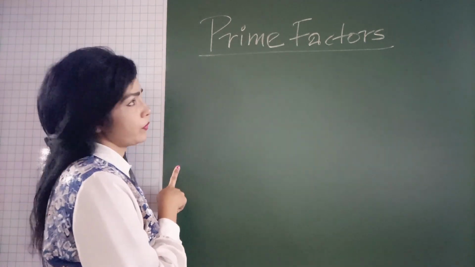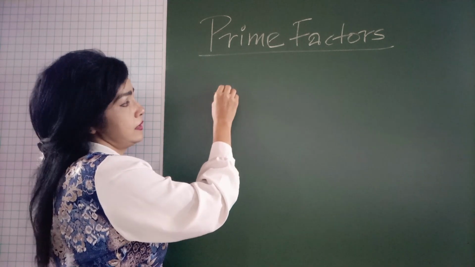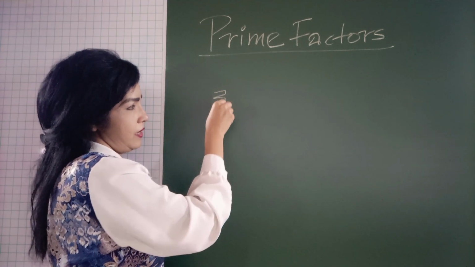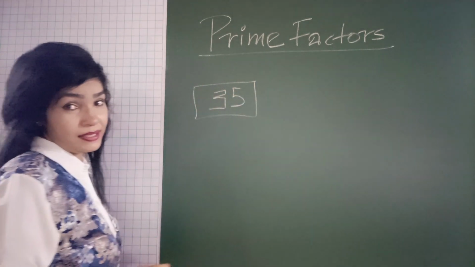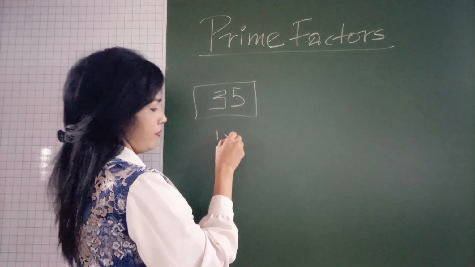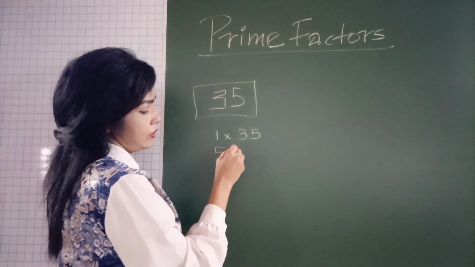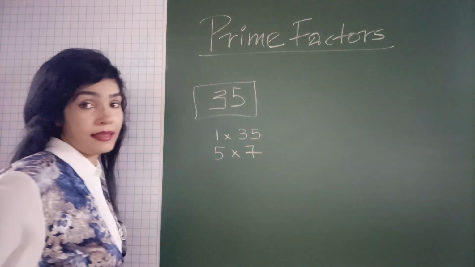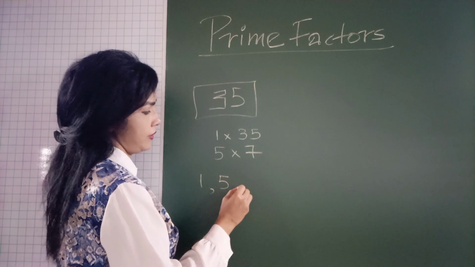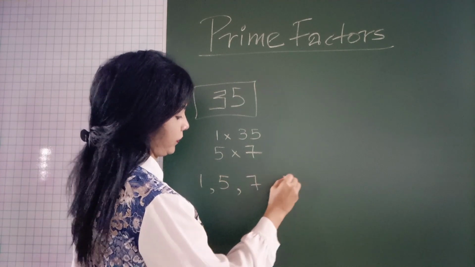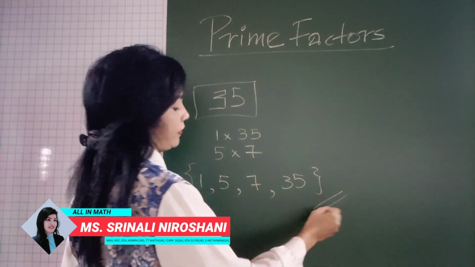If I take any number, let's say 35, and I want to write its factors, 1 into 35 and 5 into 7. Other than that, we don't have any other factors. So what are the factors of 35? These are the 4 factors of 35.